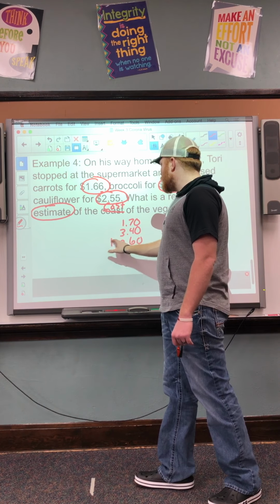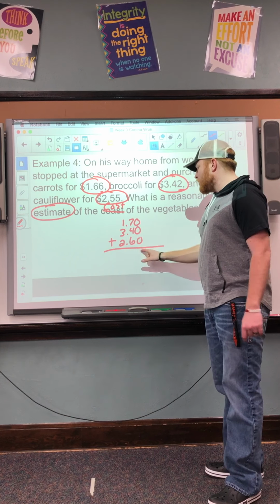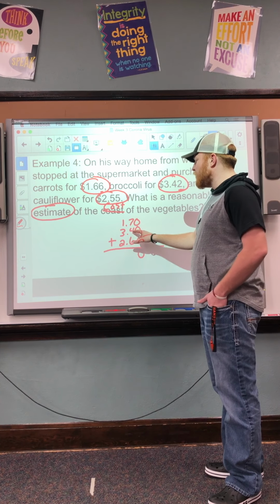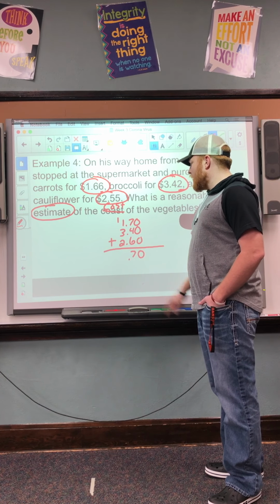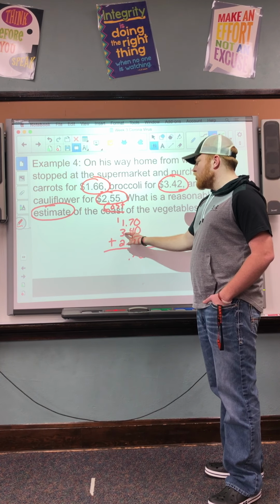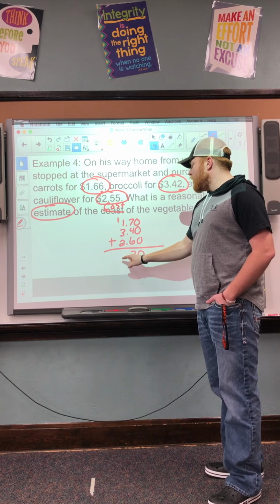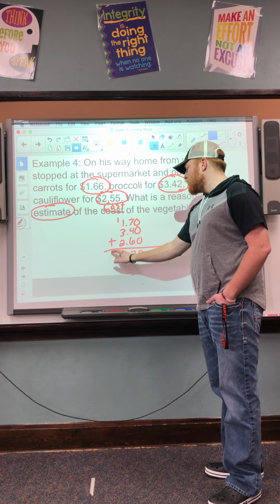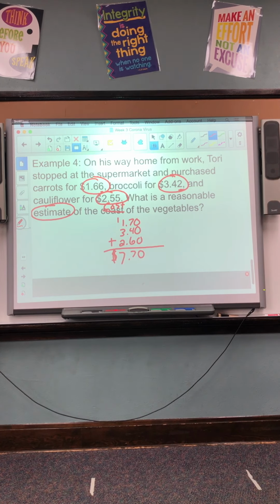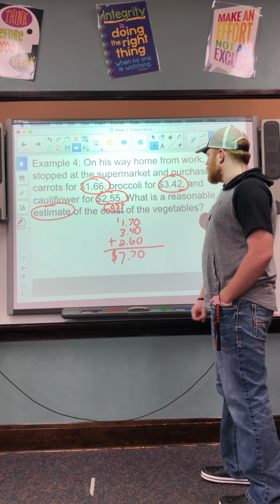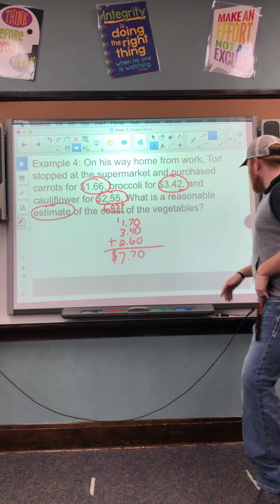And then we add them together. So 7 plus 4 is 11, plus 6 is 17, and then 1 plus 1 is 2, plus 3 is 5, plus 2 is 7. So our answer would be approximately or about $7.70.